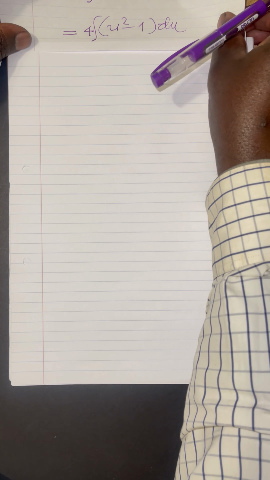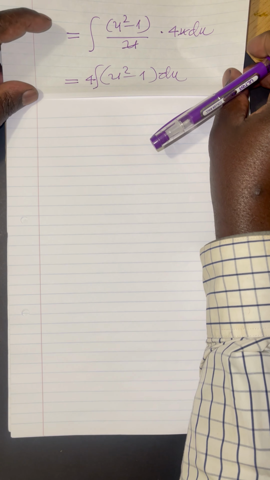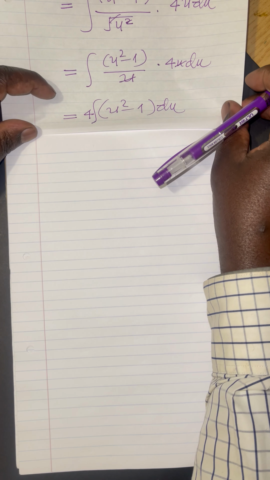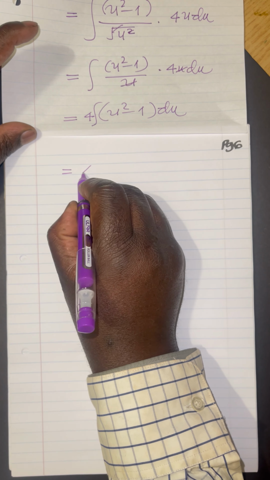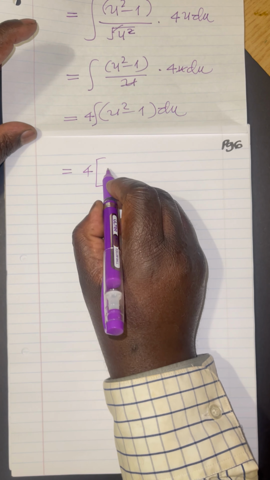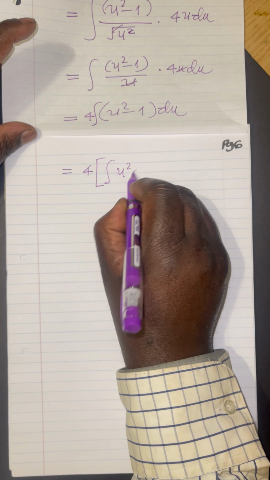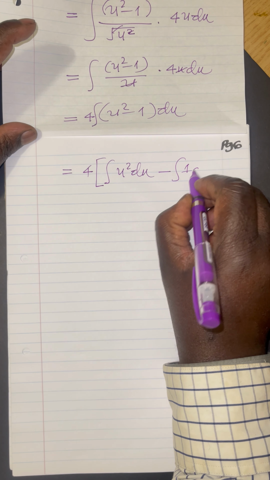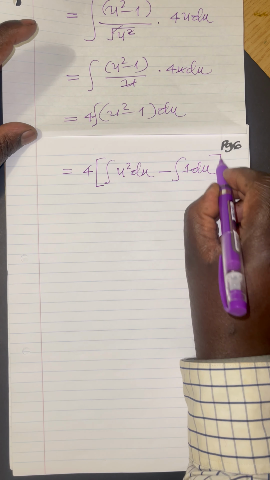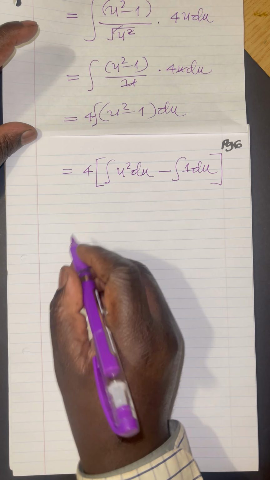What we have now is the following. Let me move this one down. Right, so what we have now is 4. Let me keep 4 outside. The integral of u squared du minus the integral of 1 du. Like that. Let's evaluate the two integrals.